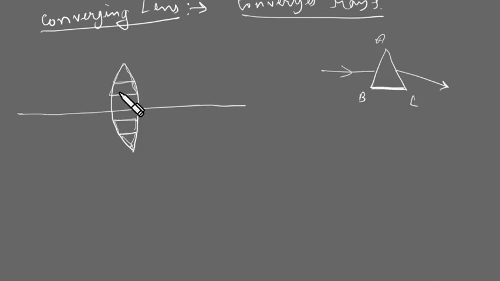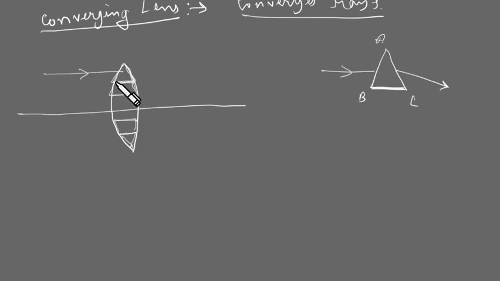Okay. So in this case also, let's consider a paraxial beam falls on the top of the lens. Then actually it falls on this prism, right? And after getting refracted by the prism, it will bend towards its base.